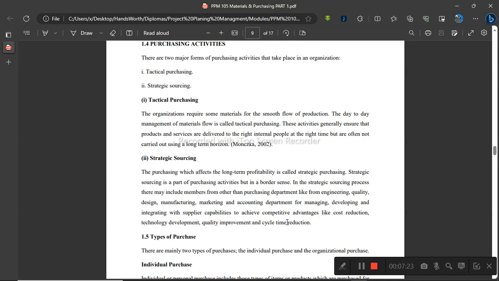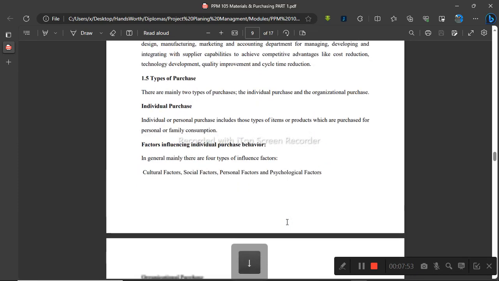However, when it comes to the long-term profitability of a given organization, you need to involve other departments, and this activity falls under strategic sourcing. So those are the two activities that fall under purchasing.